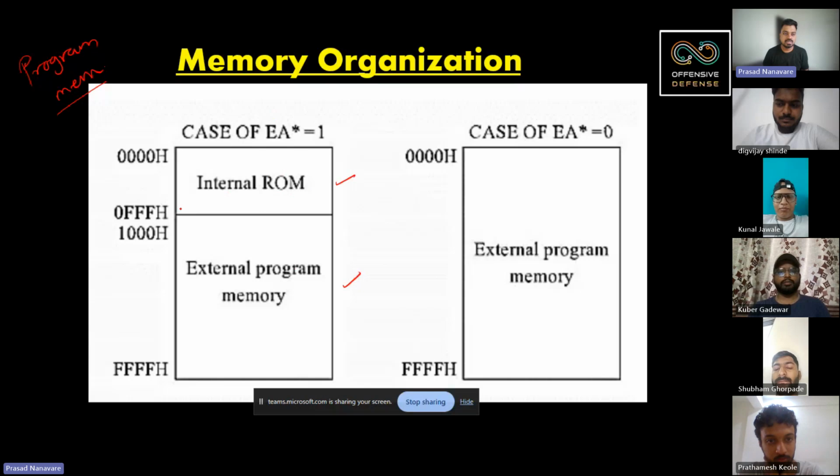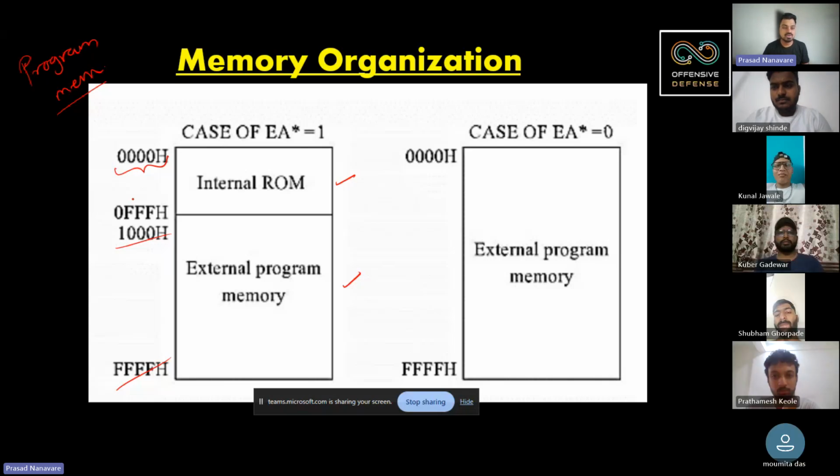Internal ROM addresses will range from 000H to 0FFFH, whereas if there is external memory connected, then the addresses continue up to FFFFH. So these are the address ranges. Last time we also saw the decimal to hexadecimal conversion of the numbers and how it really works.